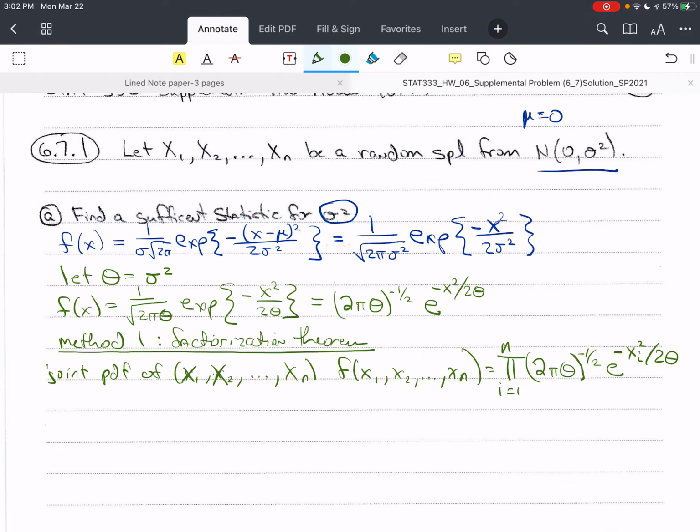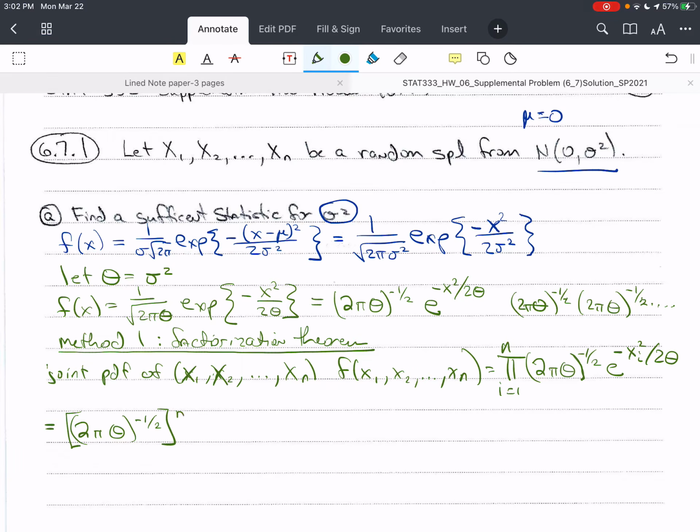So this is going to be 2 pi theta to the negative 1/2 times 2 pi theta to the negative 1/2, and we do that n times. And so we're going to have 2 pi theta to the negative 1/2 n times.